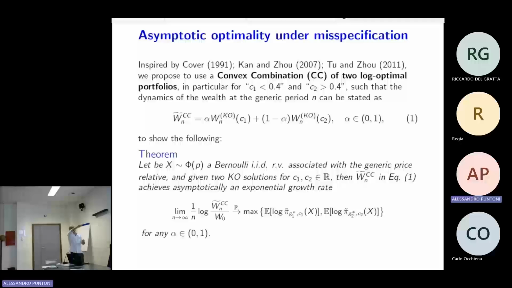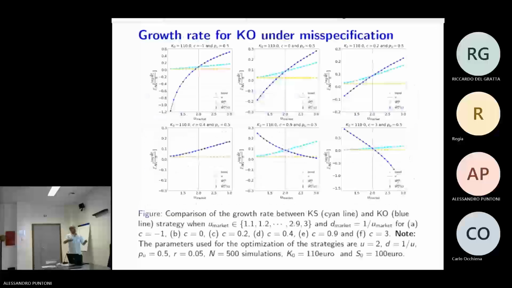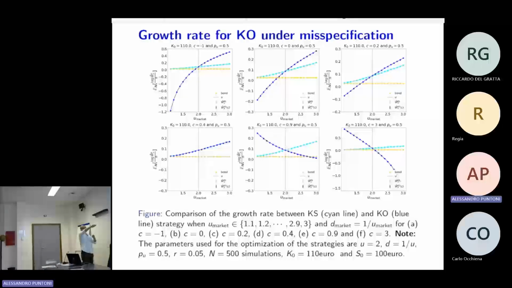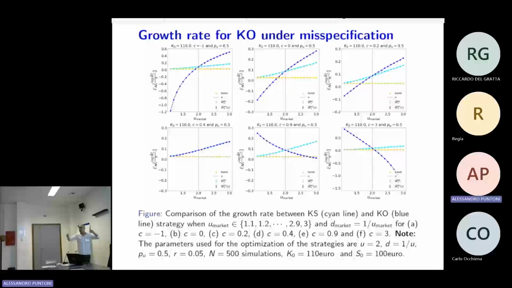Let's consider this combination of strategies for C smaller than 0.4 that behave in this way, that is better on the right and worse on the left. But C that behaves like this is better for the left and worse for the other. We consider some complex combination strategy.